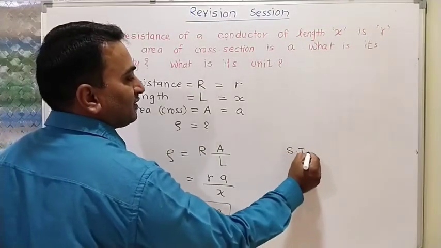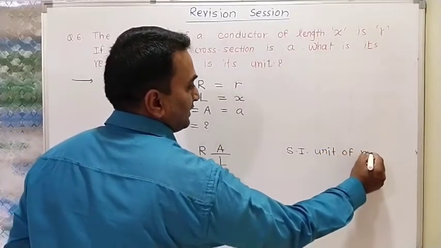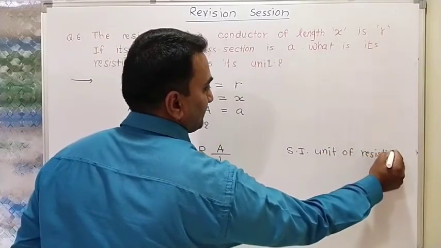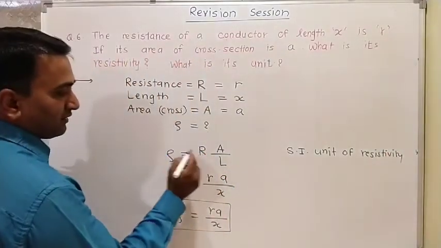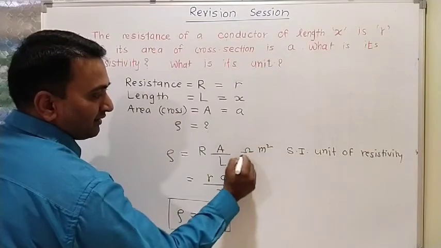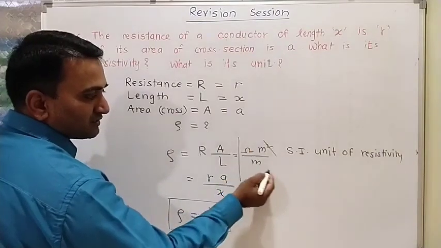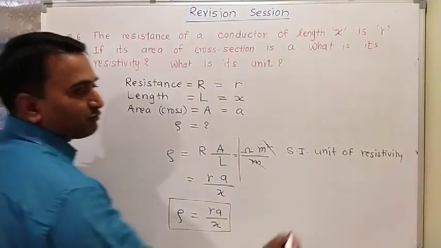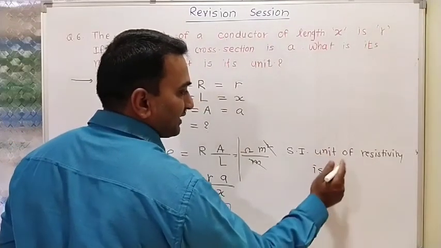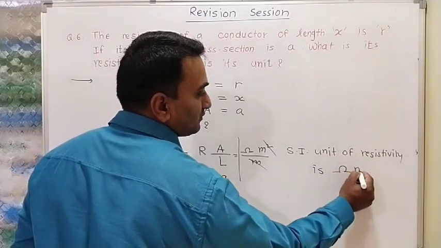So here, the SI unit of resistivity. How? See here. Ohm, here meter square, divided by length, which is also in meter. Got it or not? So meter square and meter get cancelled. So finally we are getting the answer. The SI unit of resistivity is which one? Ohm meter.